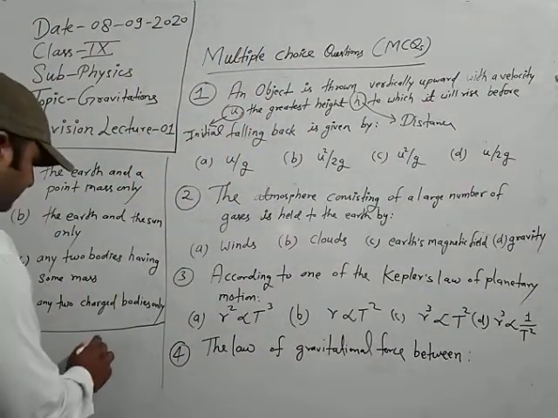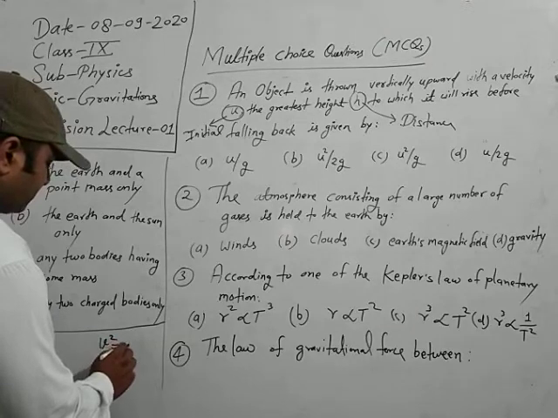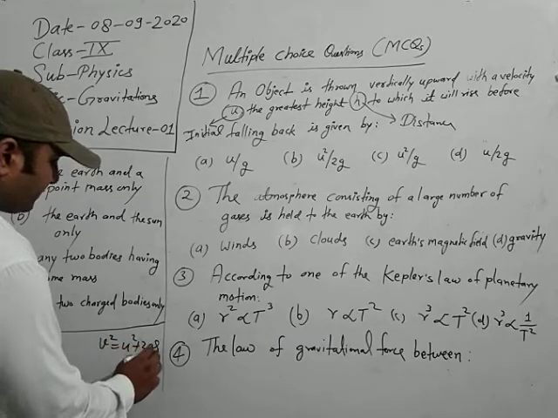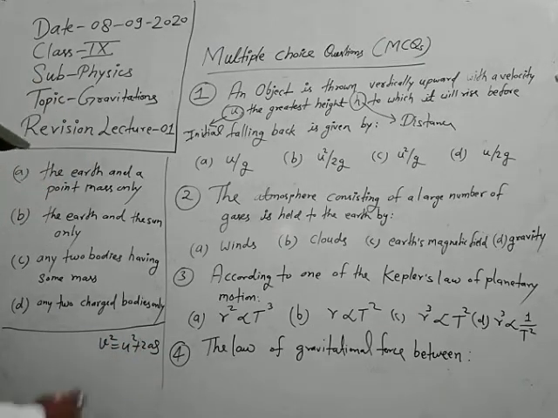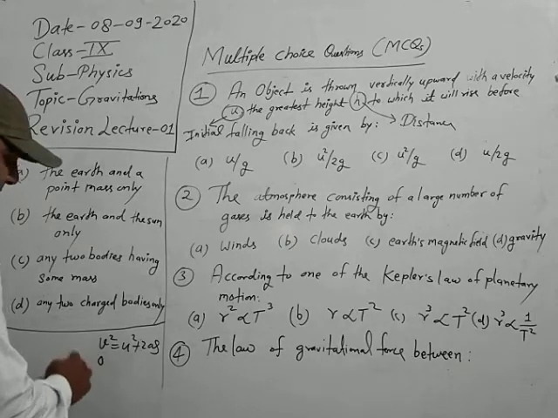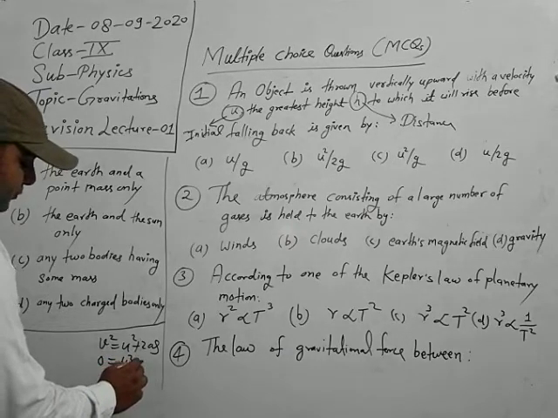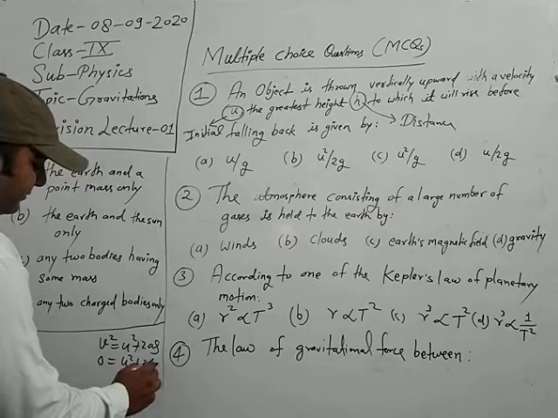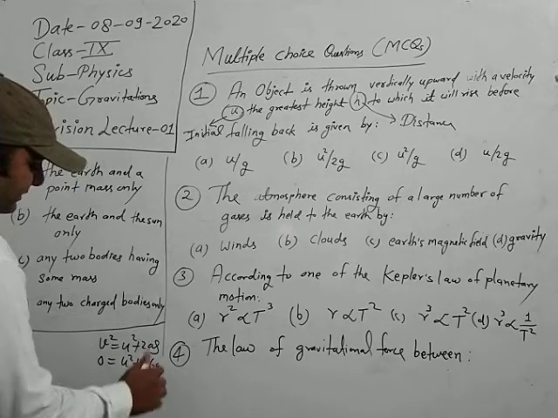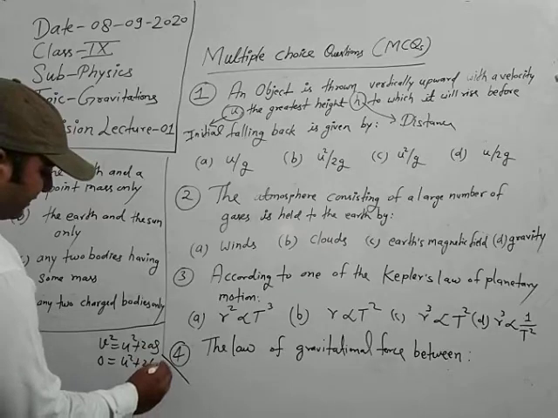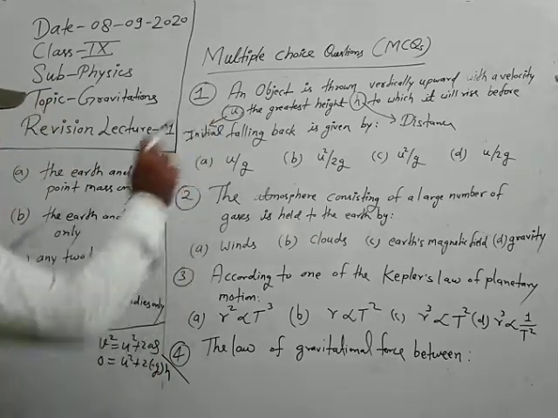third equation, v square is equal to what? u square plus 2a s. Yes, this is the third equation, and here final velocity becomes 0, and u square is given plus 2a, that is in upward motion minus g, and here we have to calculate what? h, that is the height.